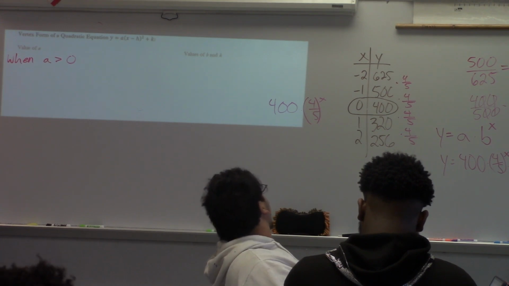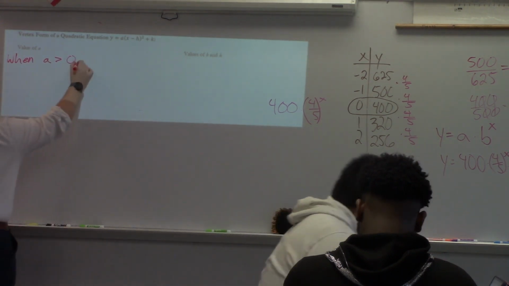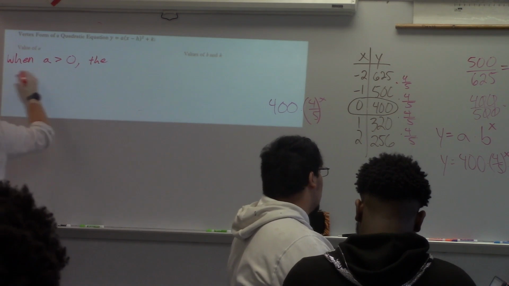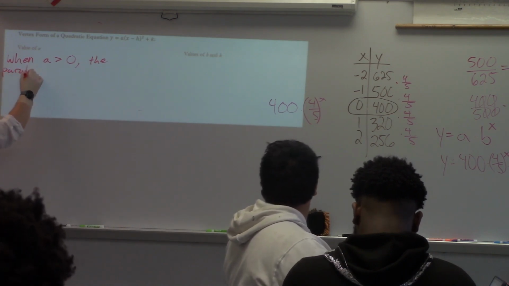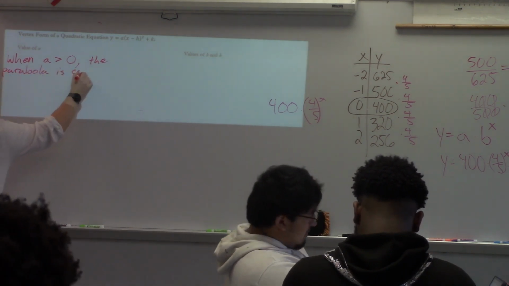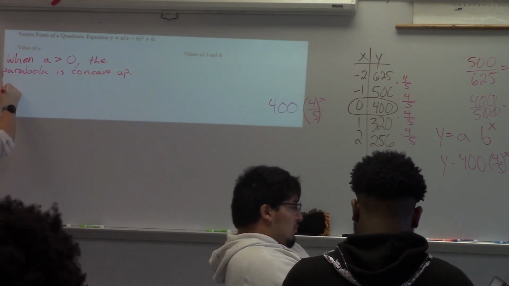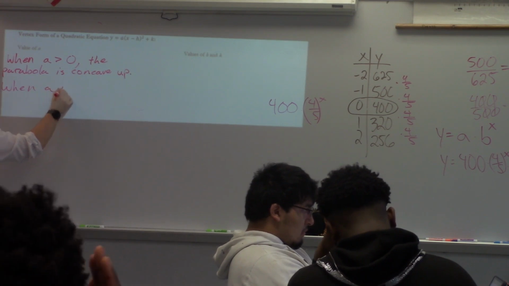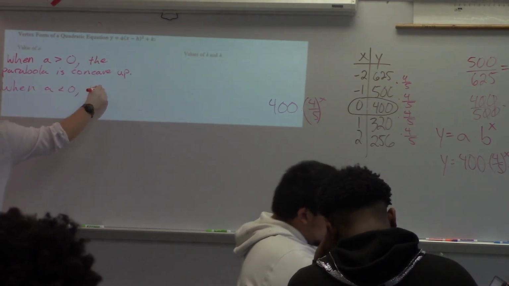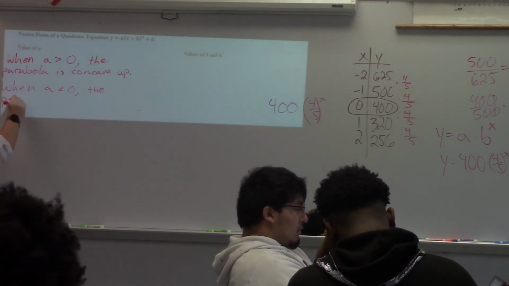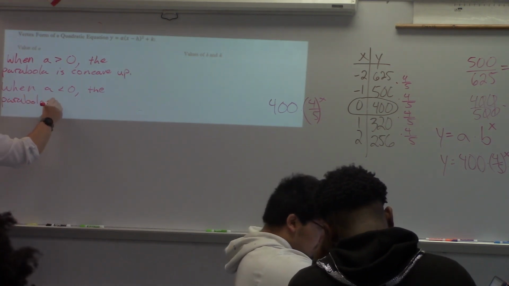Positive. Any positives, right? So when A is greater than zero, when we have positives, the parabola is concave up. When A is less than 0, the parabola is concave down.